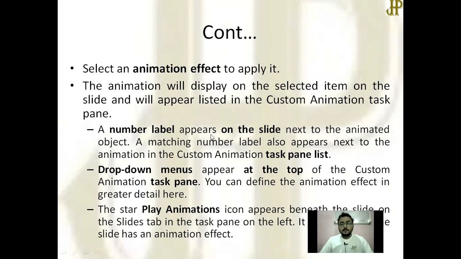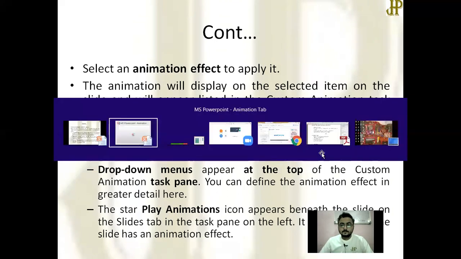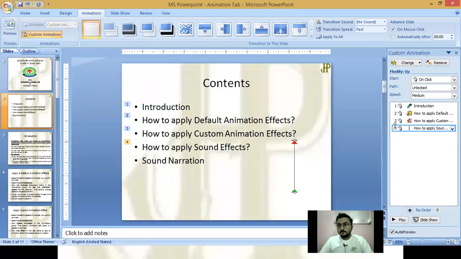A number label appears on the slide next to the animated object. A matching number label also appears next to the animation in the custom animation task pane list. So if you want to change or remove, you can easily see that option. Here 1, 2, 3, 4 in the task pane as well as in the slide 1, 2, 3, 4.